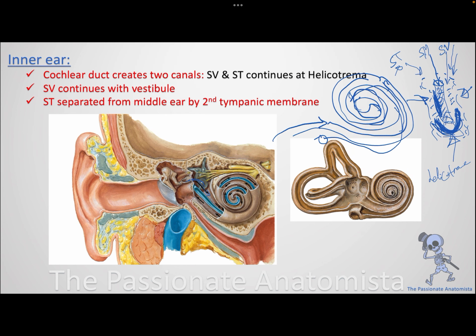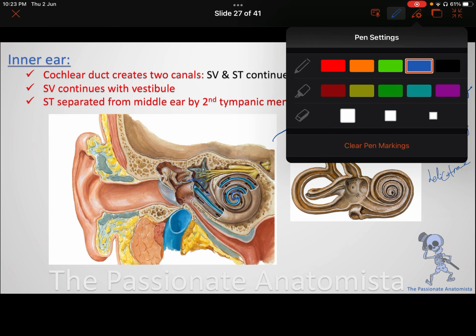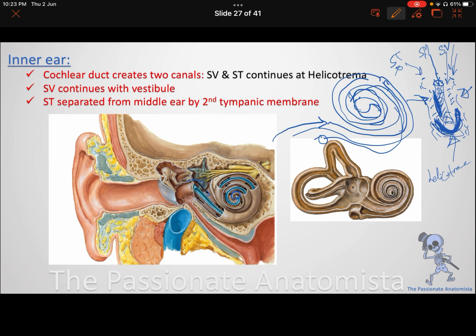But here I just wanted you to know that at the end of this structure, I have a communication between the scala vestibuli above and the scala tympani below, which is what we call the helicotrema. I hope the drawing I made makes it easy for you to understand, because I know this is a confusing topic in the inner ear.